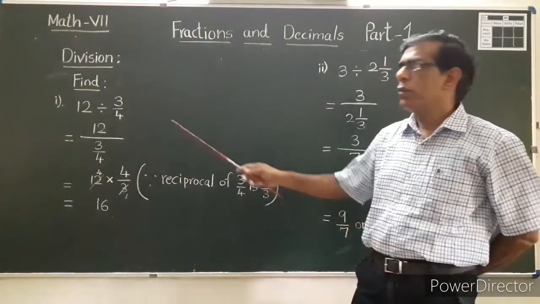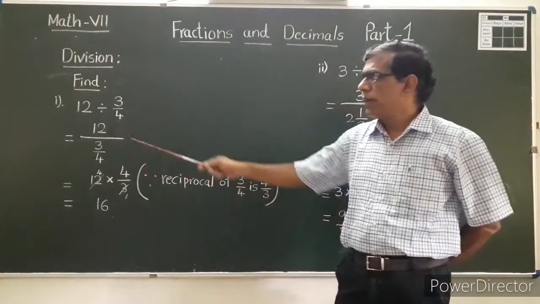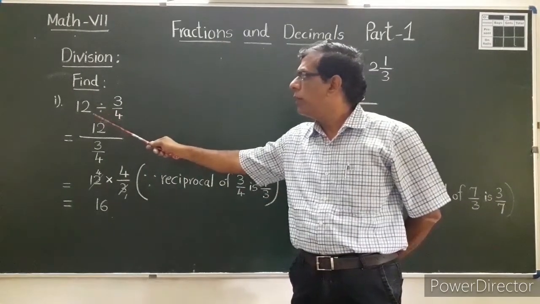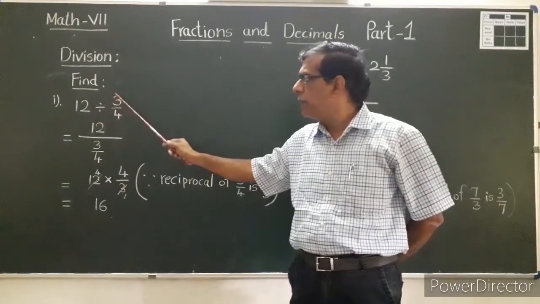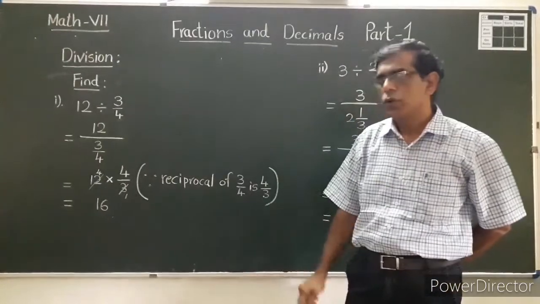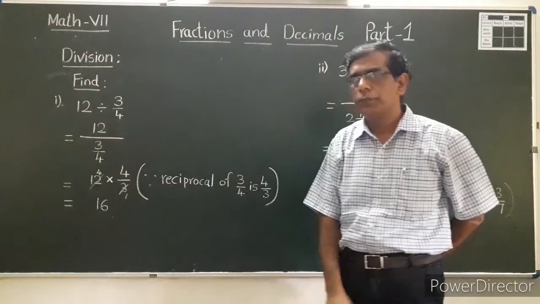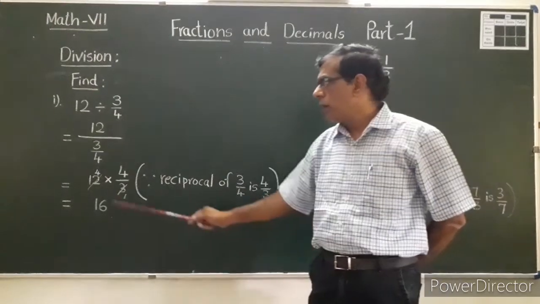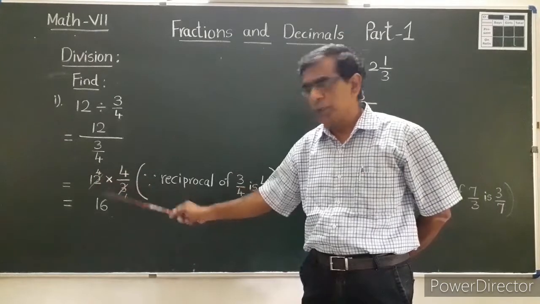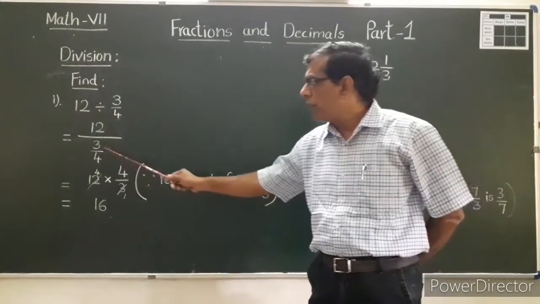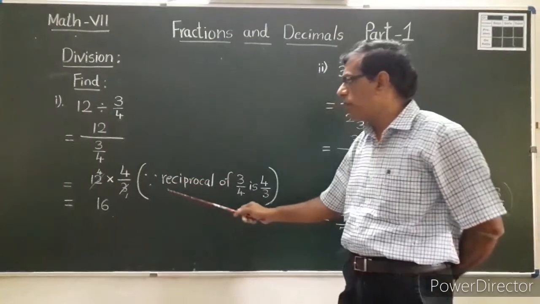Okay children, now we move to the fourth operation, that is division. First we divide 12 divided by 3 by 4. In the first step we write 12 divided by 3 by 4. In the second step, 12 into the reciprocal of 3 by 4.